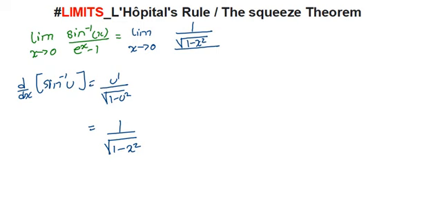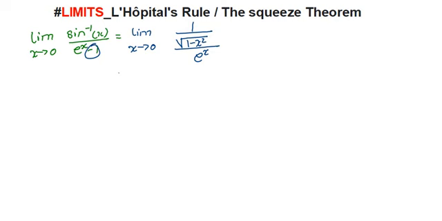The constant goes to 0, and we're just going to remain with e to the x here. So this can be written as the limit of 1 over e to the x, multiplied by 1 over the root of 1 minus x squared.